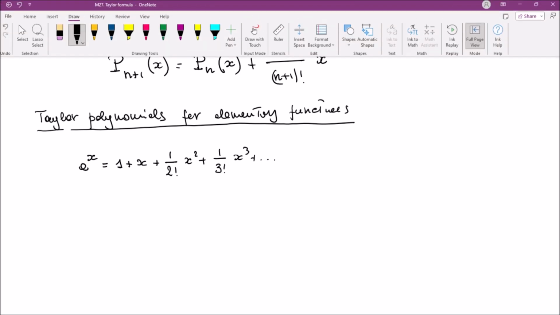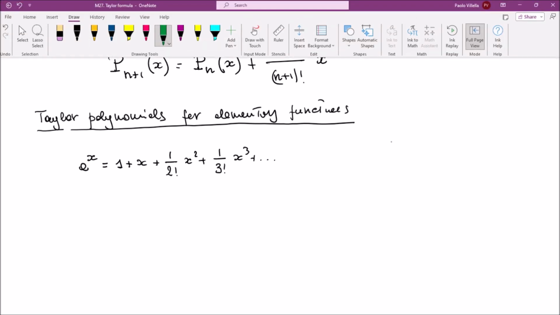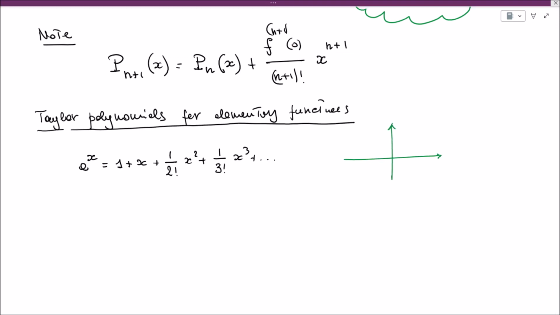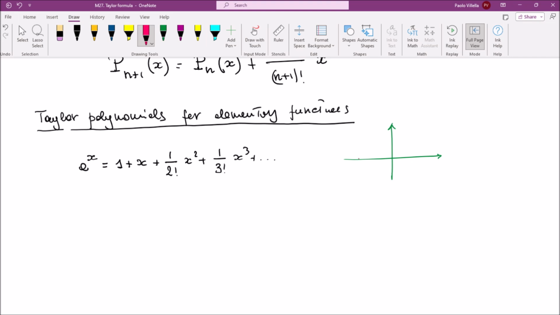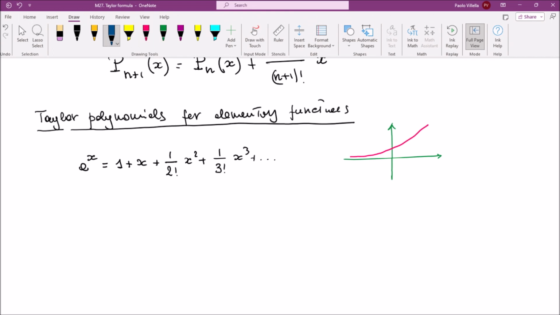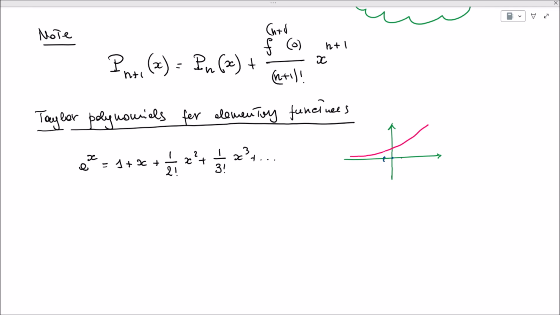And I'll remind what is the shape of the exponential. This is e to the x, and what we are saying is that we are approximating the function around the origin. So this will be basically the approximation of the exponential around the origin with a polynomial function.